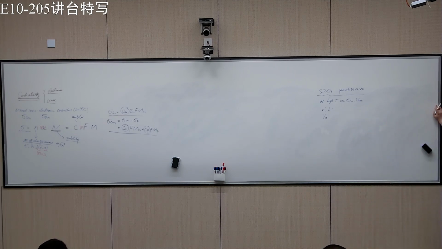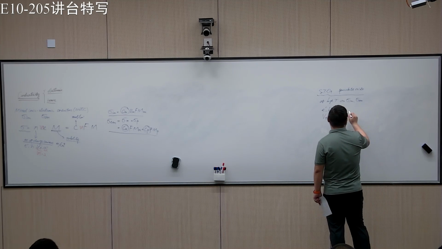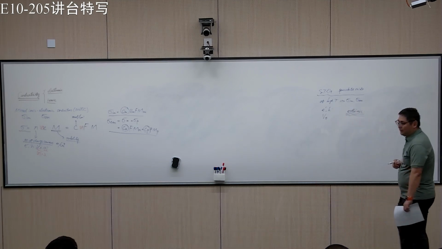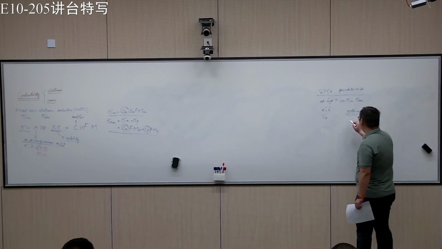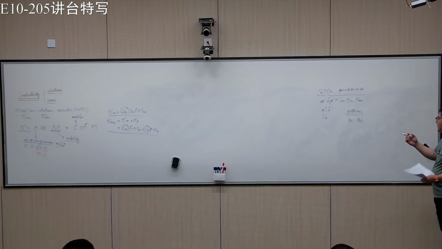However, there's another very common defect in this structure, which is not really covered by what we talked about in the beginning: extrinsic defects. This is like the dopants we introduce in silicon, where we have donor dopants and acceptor dopants.